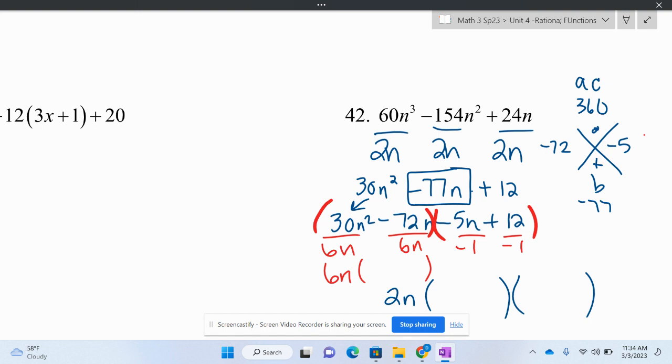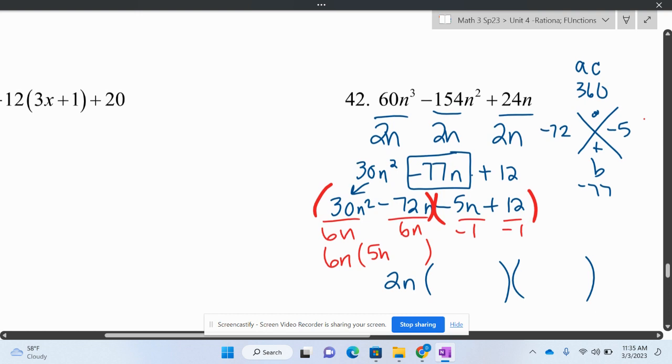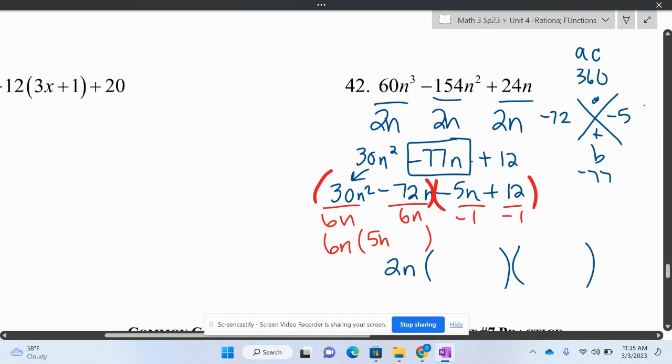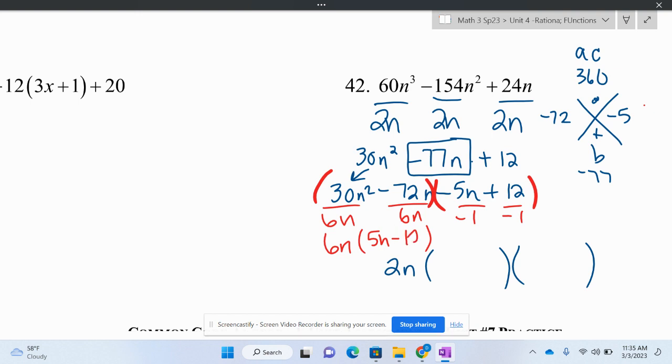Okay. So let's see. 30n squared divided by 6n is 5n. Okay. And negative 72n divided by 6n is negative 12. Remember, I told you guys yesterday when we did practice problems, you need to have a copycat.